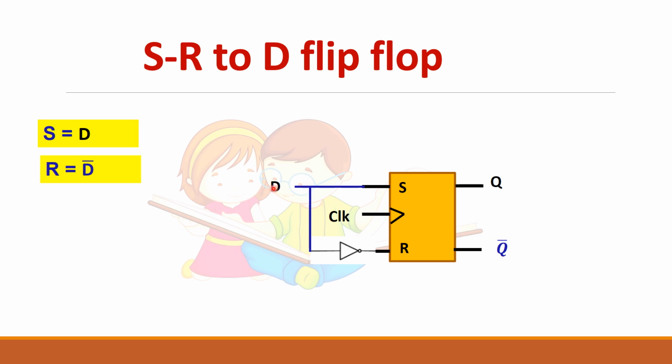S is equal to D. So directly draw a line, and R is equal to D bar. So put an inverter and connect it to R. So this is how you have to convert a SR flip-flop into D flip-flop. So it is very easy. Just give the direct input to S and inverted input to R.